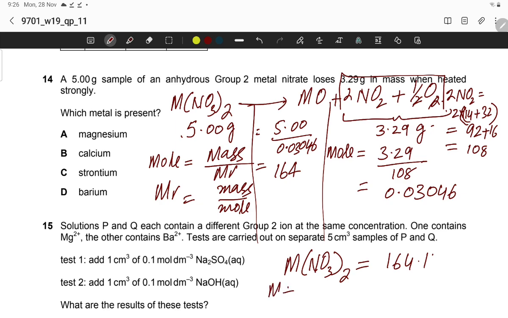M plus nitrogen 28 and oxygen 16 times 6 is 96, so M plus 28 plus 16 times 6 is 124.